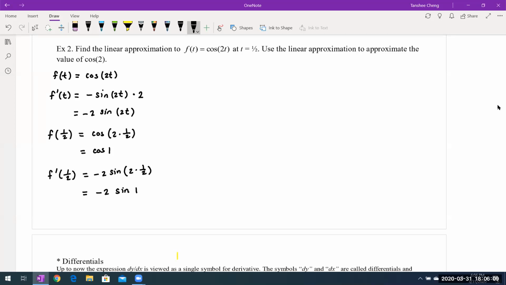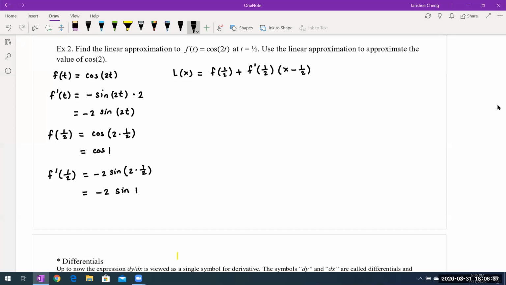Now that I have information about the point on the curve and also the slope of the tangent line at that point, I can write down my linearization function, which is L of x equal to f of 1/2 plus f prime of 1/2 times x minus 1/2.